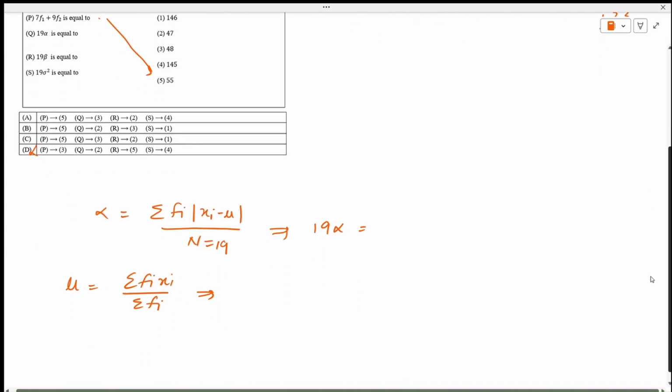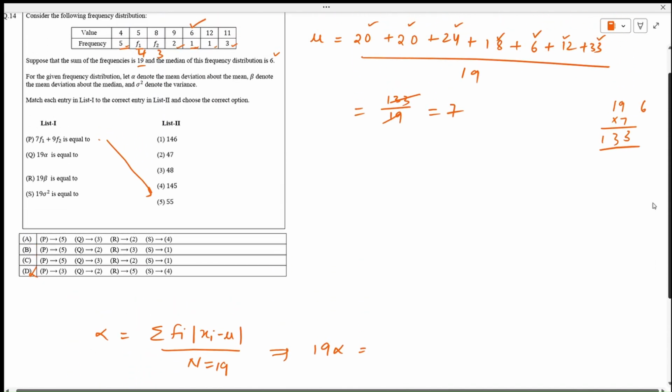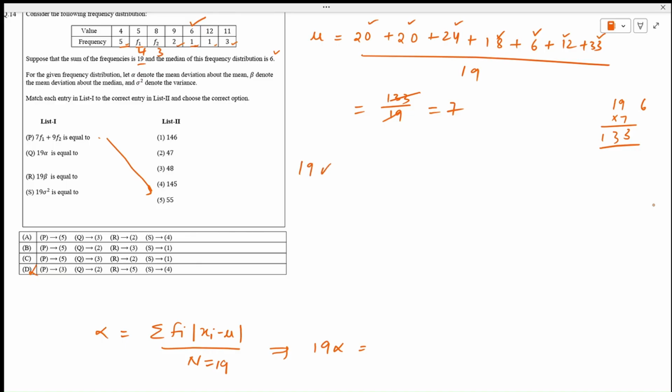Now let us get 19 alpha. 19 alpha is equal to, for the first frequency, 5 into the modulus of 4 minus 7, which is 3.